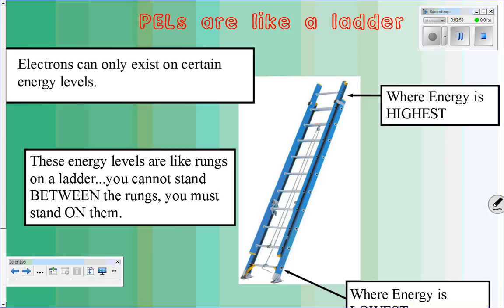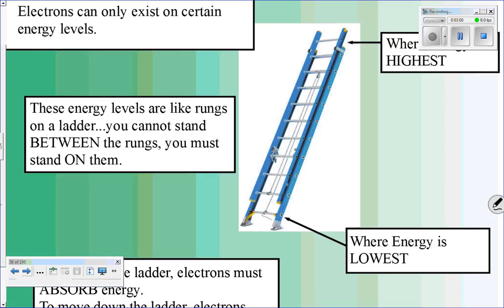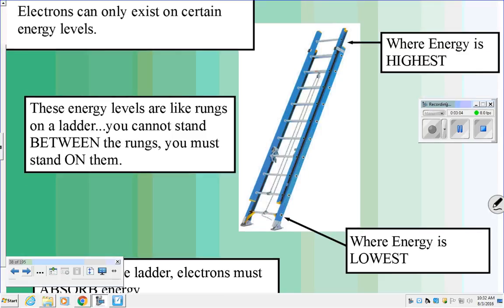Now, electrons can move from one rung to another, and that actually involves an exchange of energy that we're going to talk more about. On the bottom of a ladder, you're at the spot where there's the least energy, meaning if you were to fall off the bottom of the ladder, it wouldn't hurt that bad. If you were to fall off the top of the ladder, it's going to hurt a lot, because you're going to have a lot more energy by the time you hit the ground. This is kind of analogous to what's going on inside of an atom.